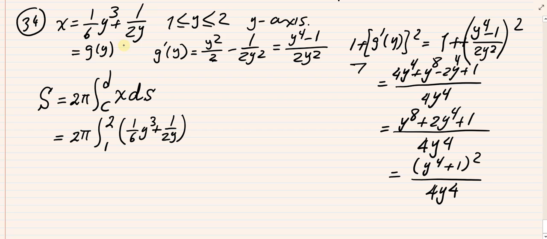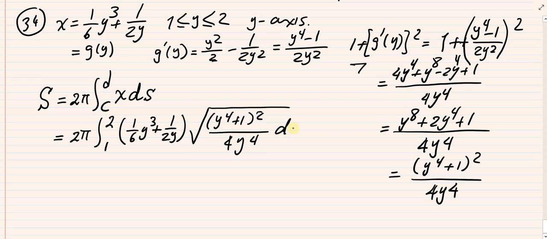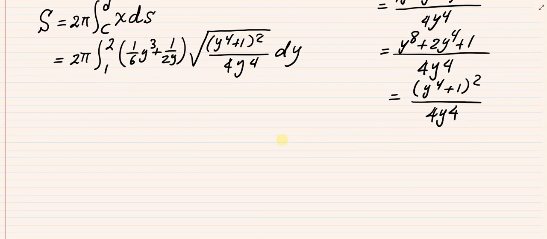And then the square root of y to the 4th plus 1 squared, divided by 4y to the 4th, and then of course dy. Okay, and there we have it. Again, this part is what ds is, the differential of arc length.